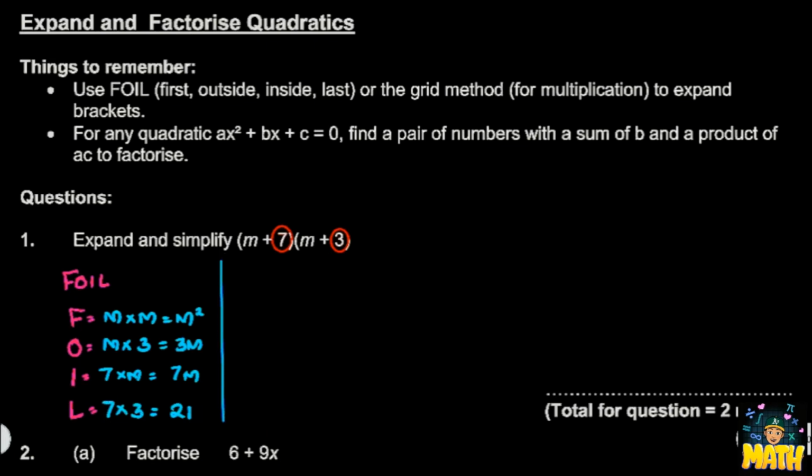All right, so I will write m squared plus 3m plus 7m, and then plus 21. Then the 3m and 7m are like terms, so I'm going to add them together, 10m right there. m squared plus 10m plus 21 will be our final answer right there.